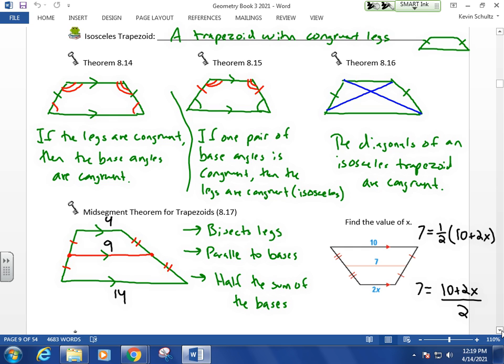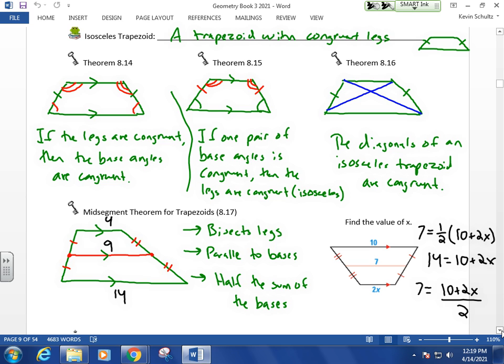So basically, doing a little bit of logic or opposite operations here, we know that we get to 7 by dividing the sum by 2, which means that the sum has to equal 14. So that when we take half of that, or divide by 2, we get to 7.